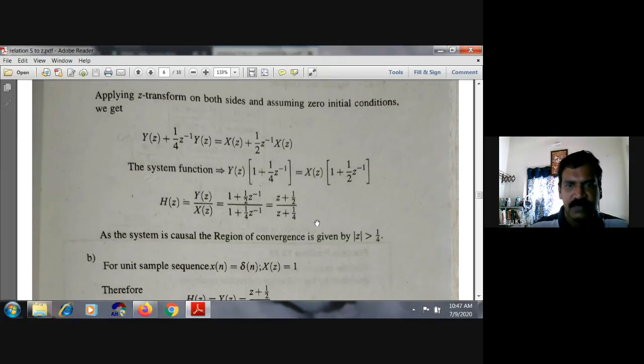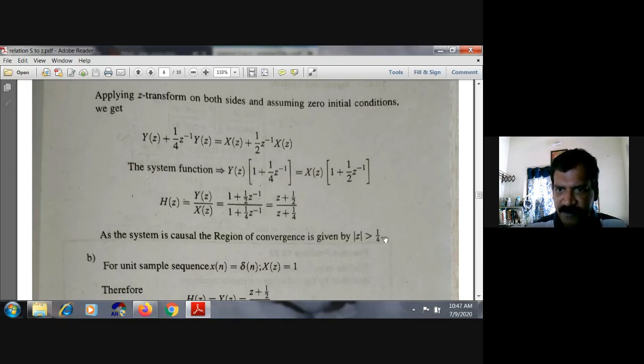Next, to find the region of convergence. Since this system is causal, the region of convergence is modulus of z greater than 1 by 4.